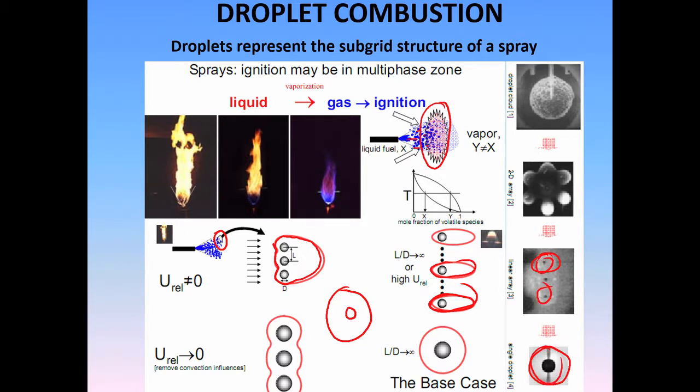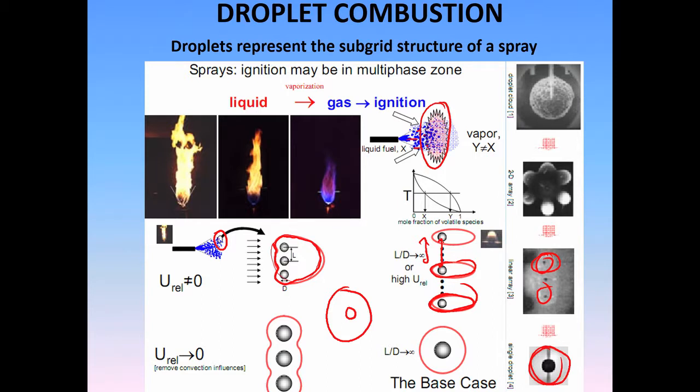In many cases you can get a composite flame also. This depends on the separation distance between the droplets. Dilute spray means that the droplets are well separated, that means L by D approaches infinity, where L is the separation distance and D is the diameter of each droplet.